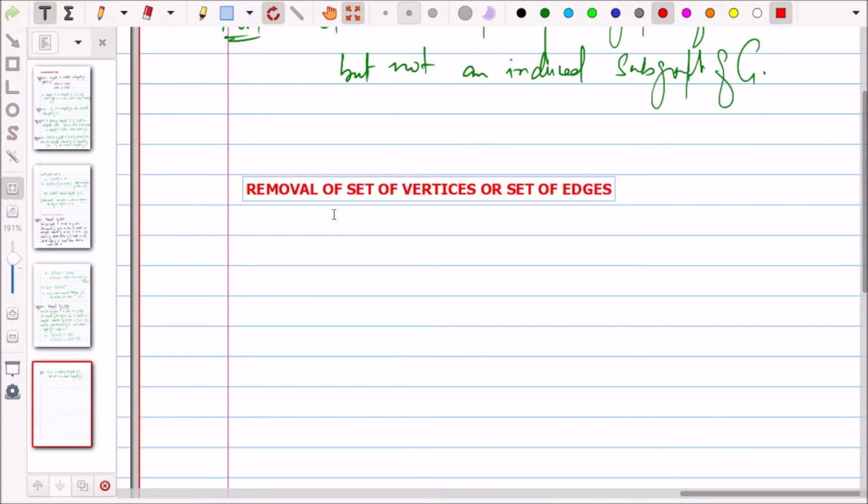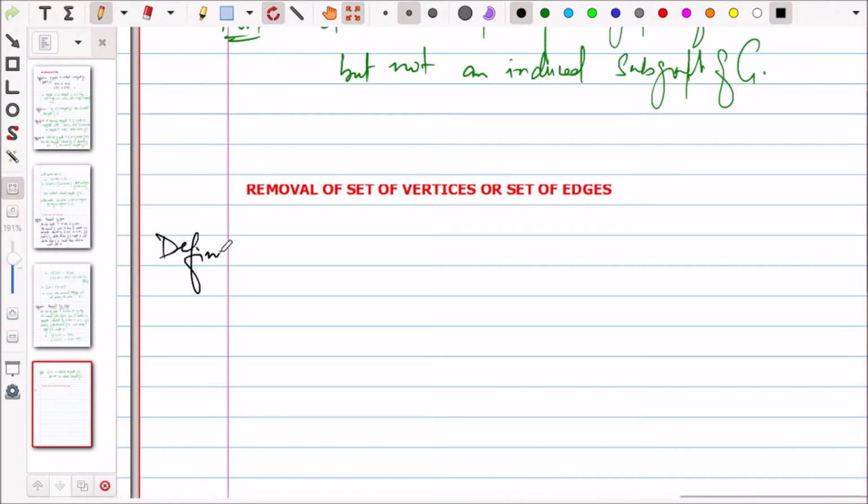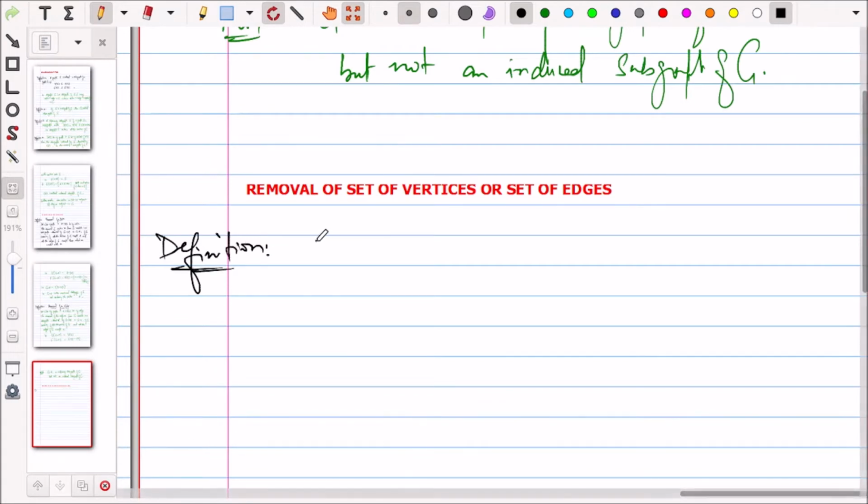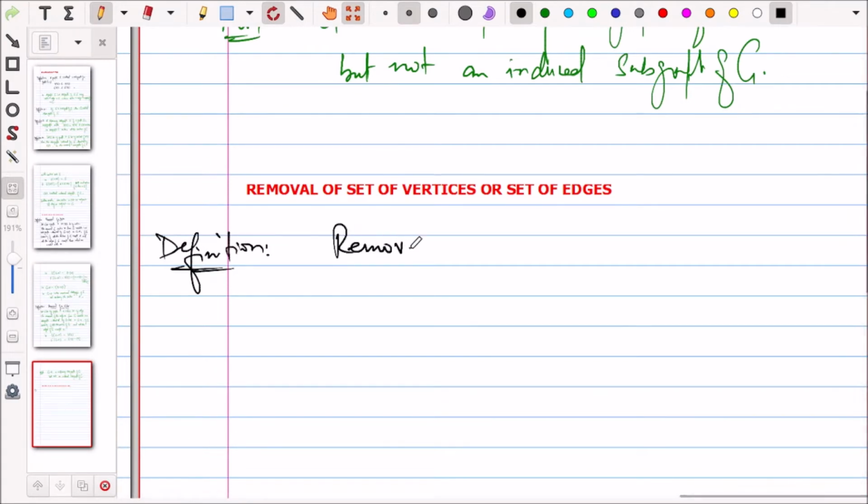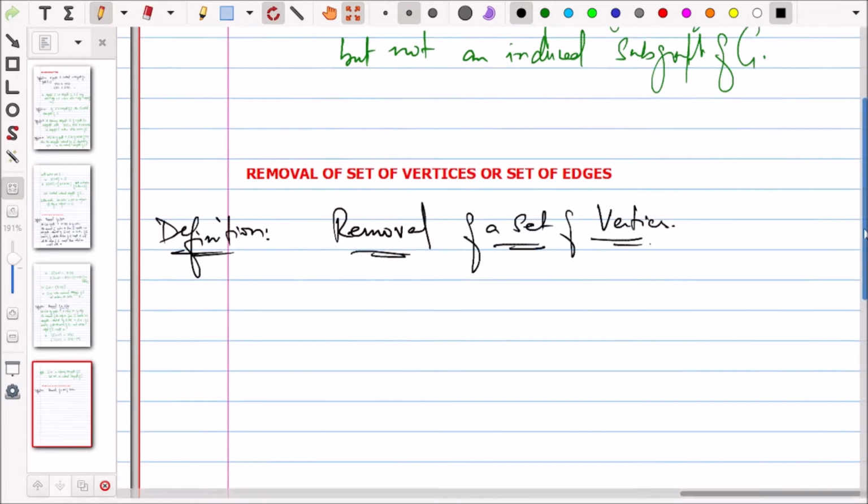What should be the definition of this? Removal of a set of vertices. हमने वर्टेक्स का डिफाइन कर लिया है, तो इसका क्या होगा डेफिनेशन?